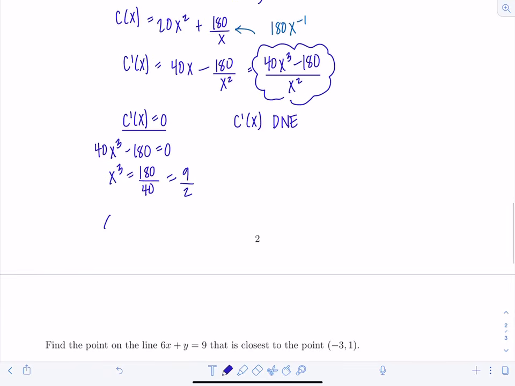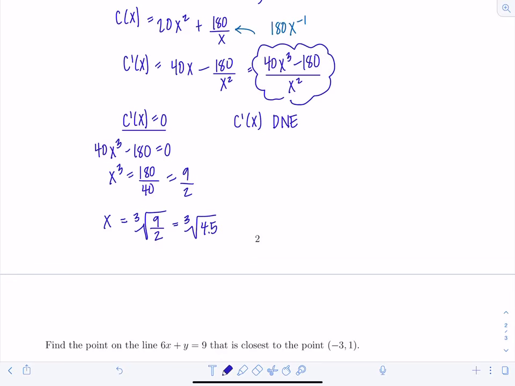So that means x cubed, or x, now let's just go ahead and take the cube root now. So x is the cube root of 9/2. All right. Now we're going to leave that here. You can think of it also as the cube root of 4.5 if that makes it a little bit easier.